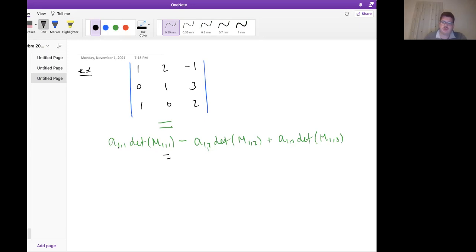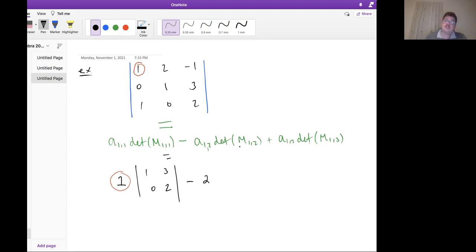Yeah, the M11 matrix is 1, 3, 0, 2, and A11 is 1. So that's this entry here. Now let's go to the next one. Minus A12, which is 2.